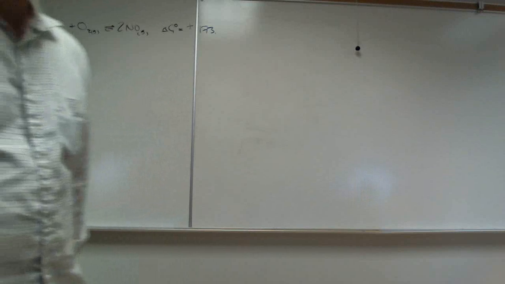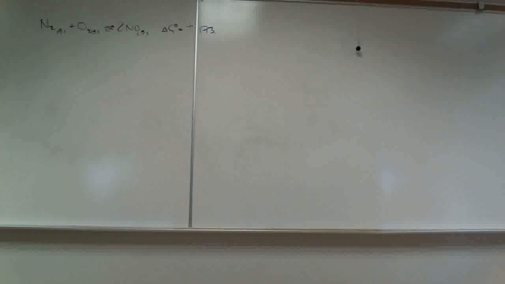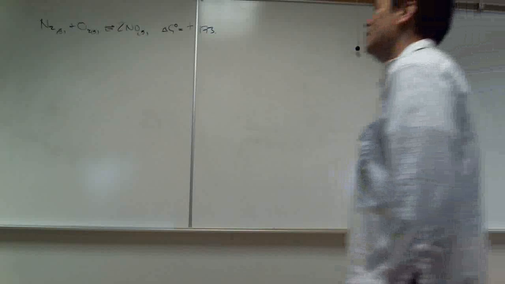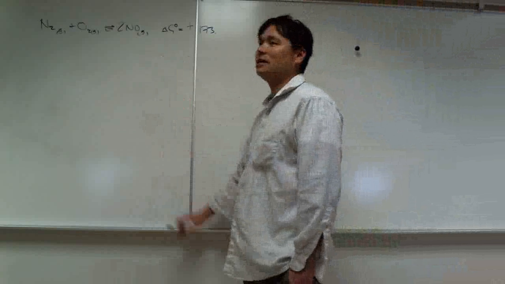In fact, the typical range we look at is between, what number should you remember for delta G? Yeah, plus 50 to minus 50. Anything beyond that is pretty much one way or the other. So this is highly non-spontaneous, but maybe we can make this spontaneous.